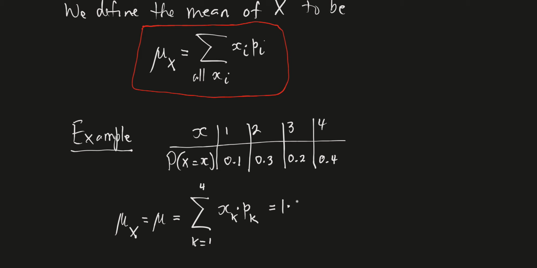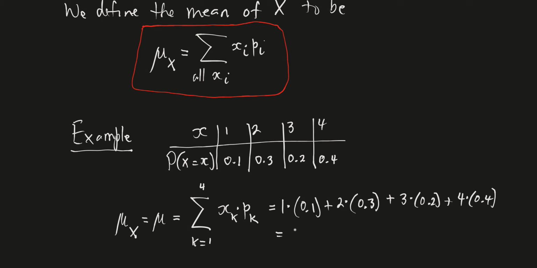So let's take the first possible value of X times its associated probability, and then the second value of X times its probability, plus the third value of X times its probability, and then finally the fourth value of X times its probability, right?